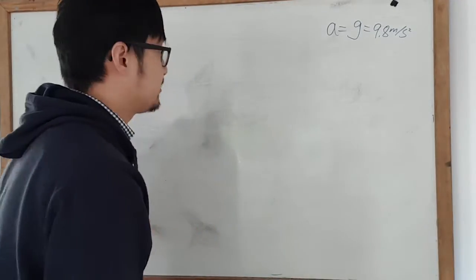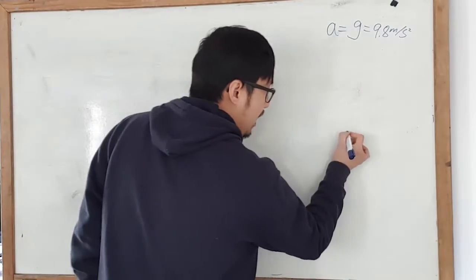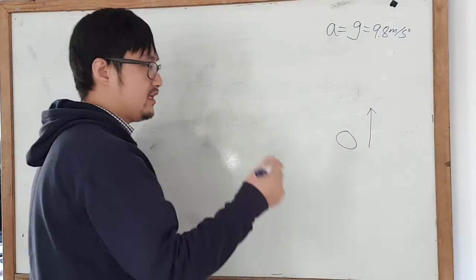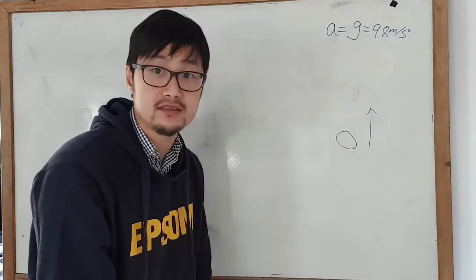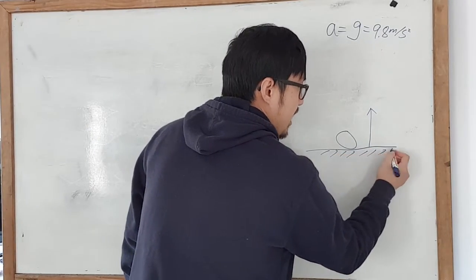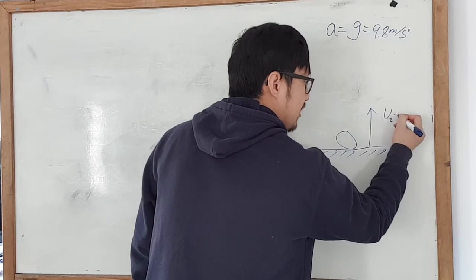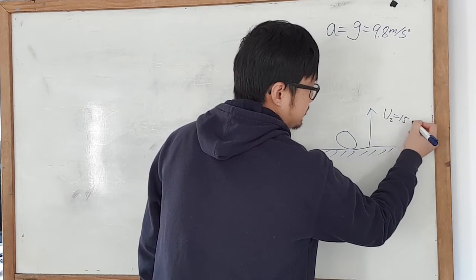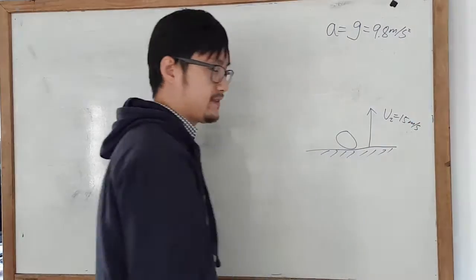I'll give you an example. Let's say I'm going to throw a ball upwards, and let's pretend I start from the ground and give it an initial speed of 15 meters per second.